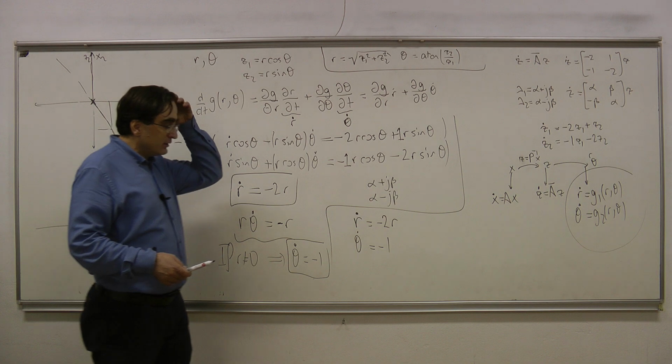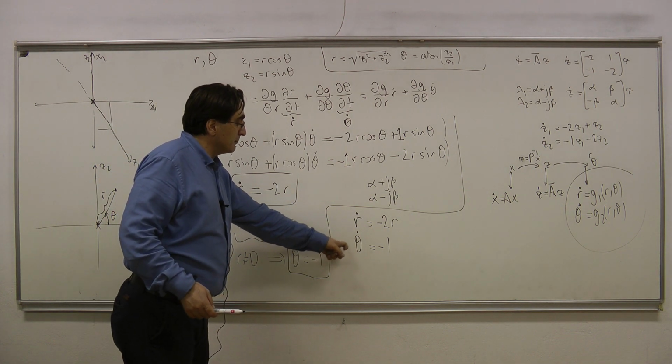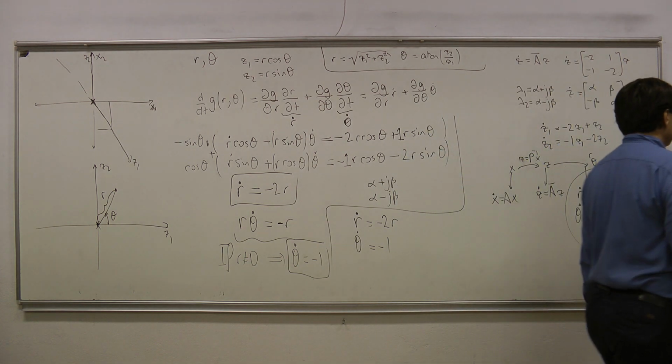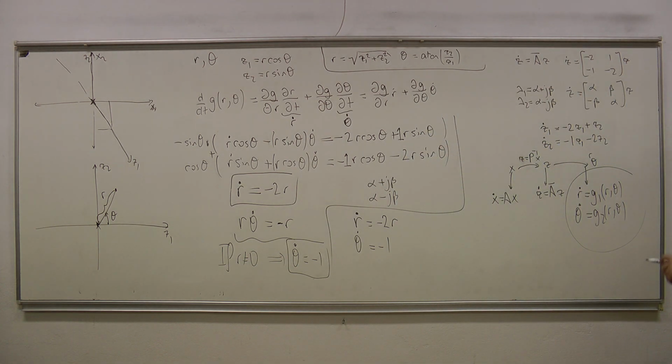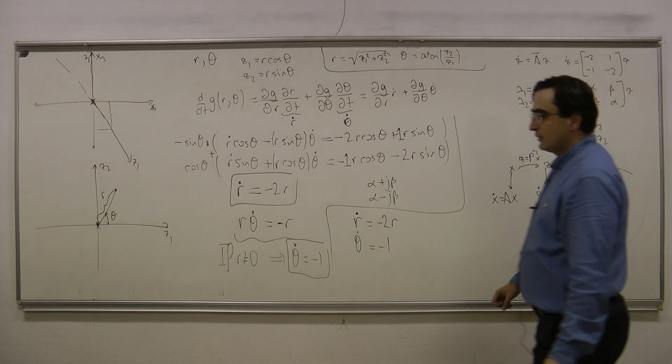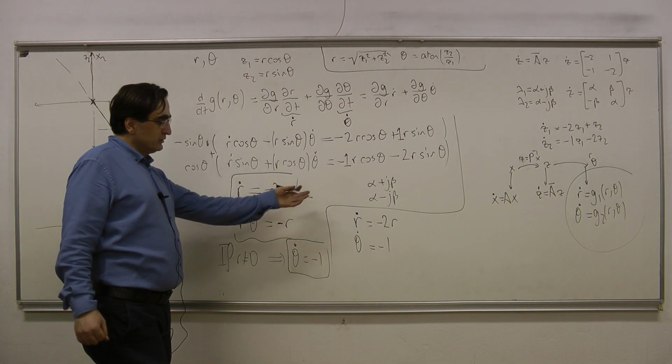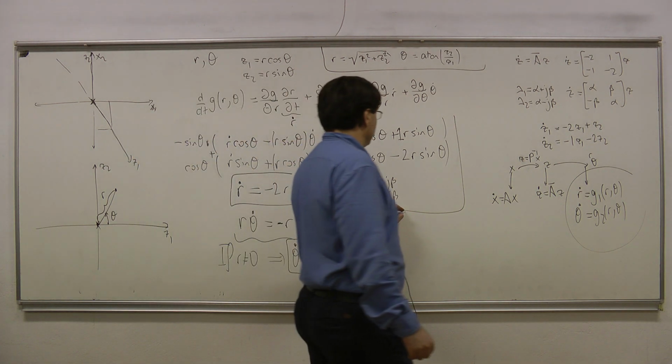So the radius variable is actually independent from the angle variable. Okay? I can actually solve these equations individually then.